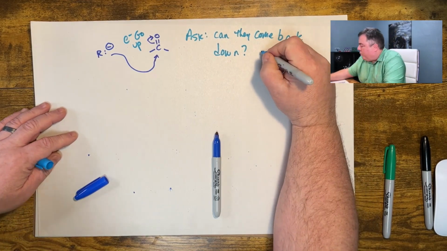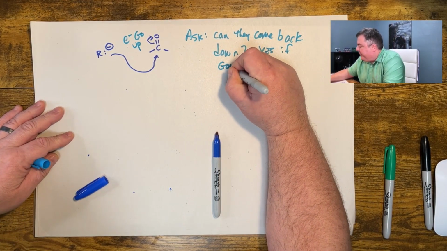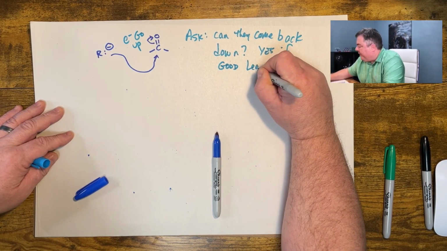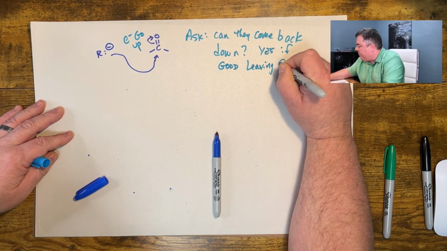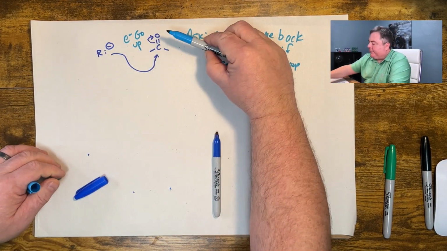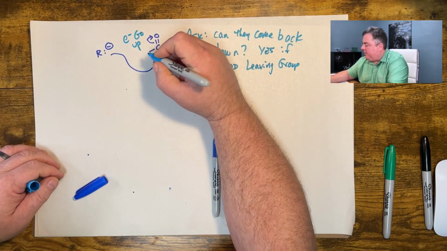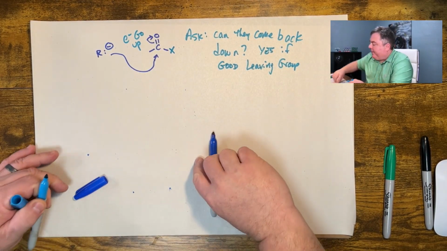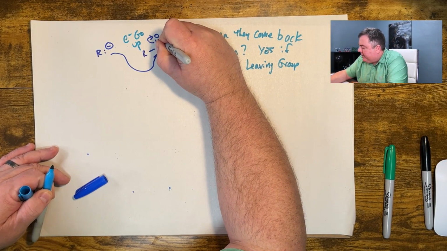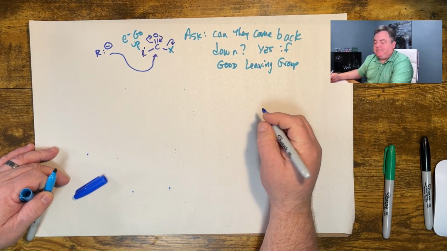And the answer is only yes if there's a good leaving group on the carbon. So when these electrons go up onto the oxygen, if there's a good leaving group on this carbon, then the electrons could come back down and could kick off the good leaving group.